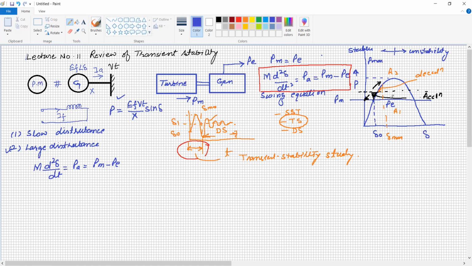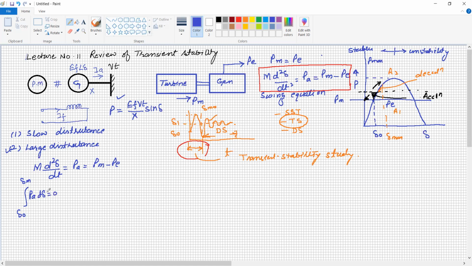And we can say from the equal area criteria that the area under the acceleration curve, whether acceleration or deceleration, both, from delta 0 to delta maximum, integration of PA d delta, is equal to 0.